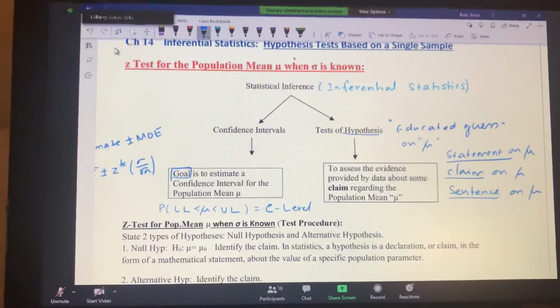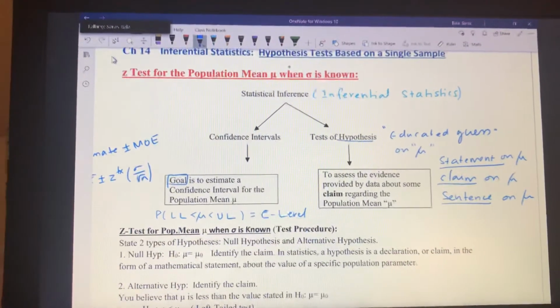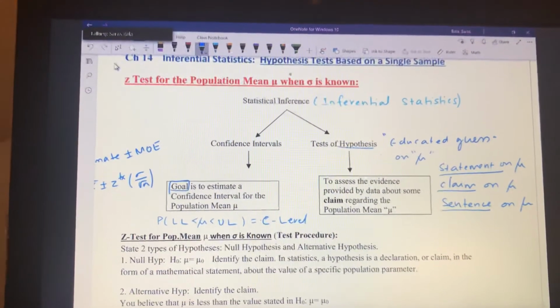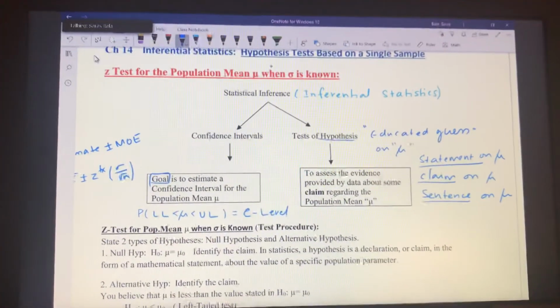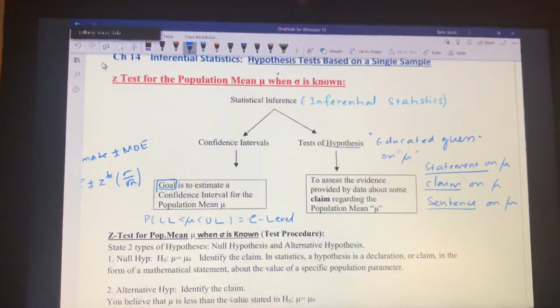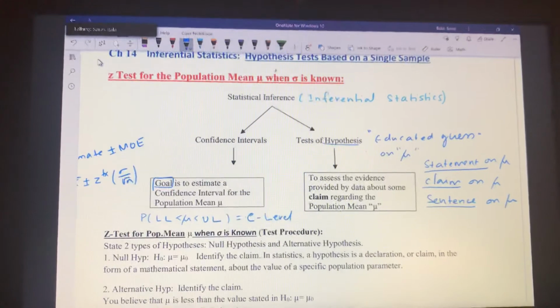For example, I can say the human body temperature is 98.6. That is a statement on mu. If I say 98.6, some people can say, no, it cannot be 98.6 all the time. It could be more or it could be less.